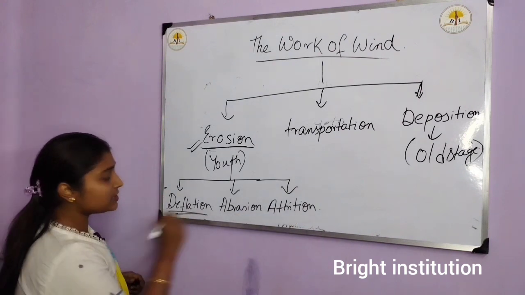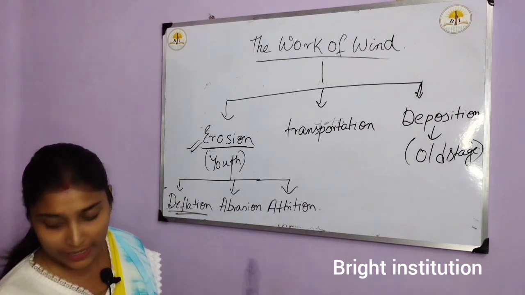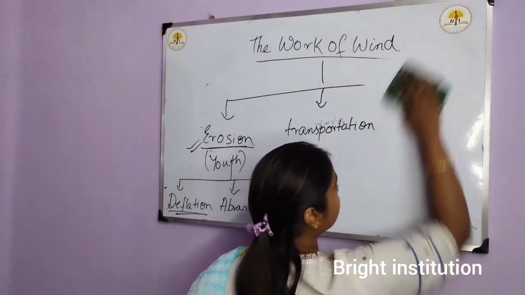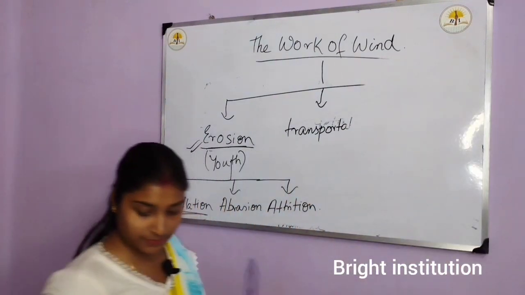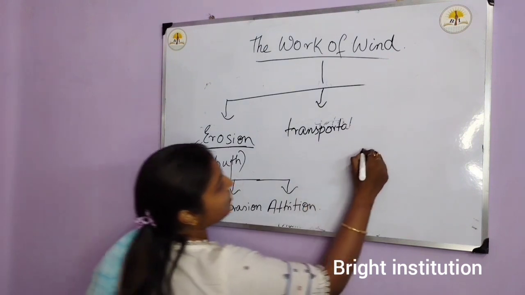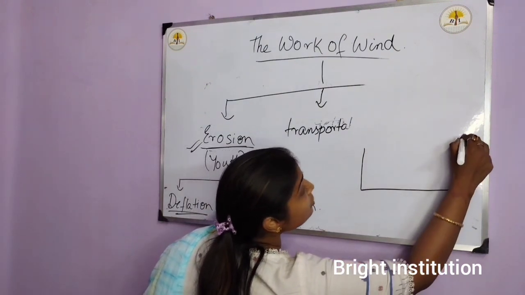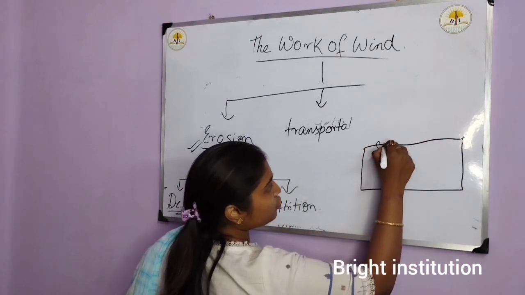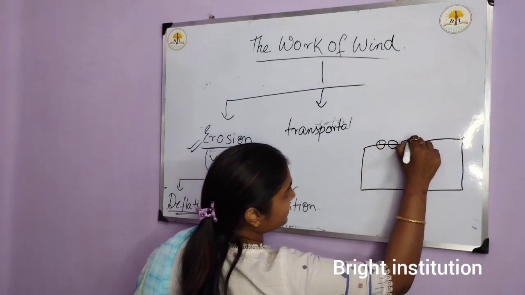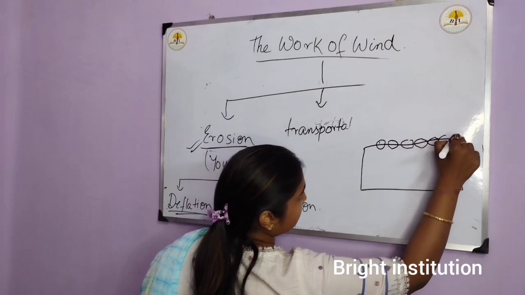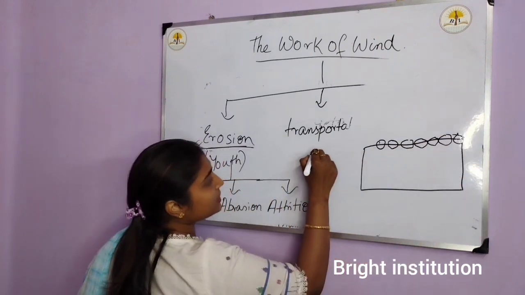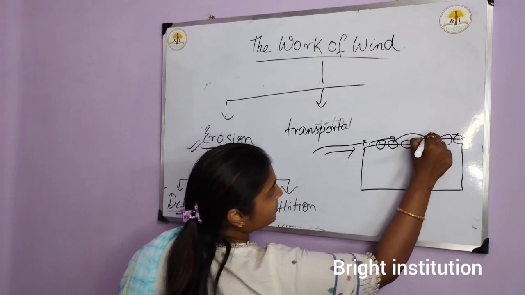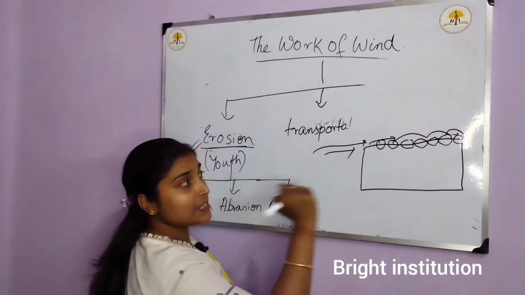Now first I will discuss the deflation. So what do you mean by deflation? Deflation comes from a Latin word that means to be blown away. Now this is one kind of landform where so many small rocks are present. When the wind is moving in this direction, it will blow away some of these very small particles.